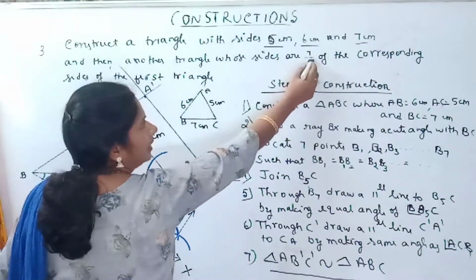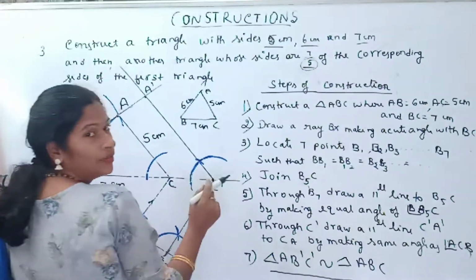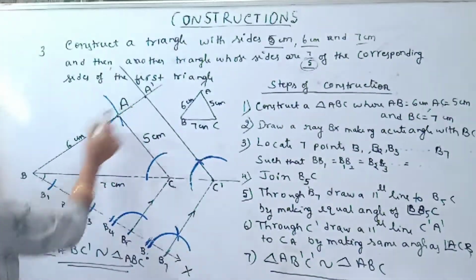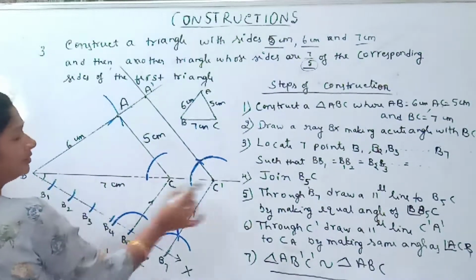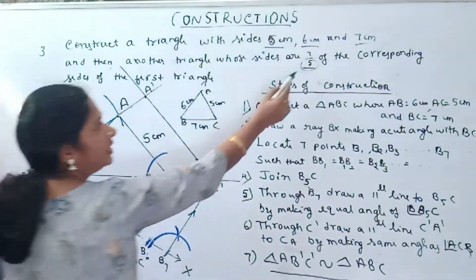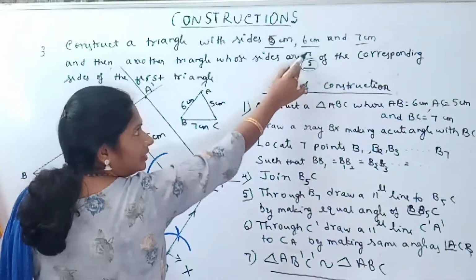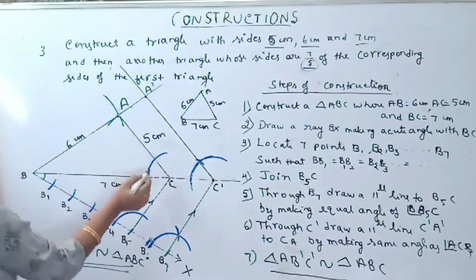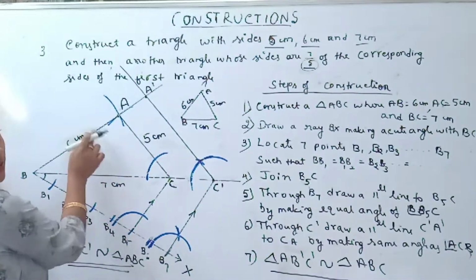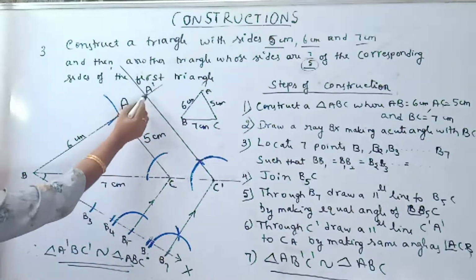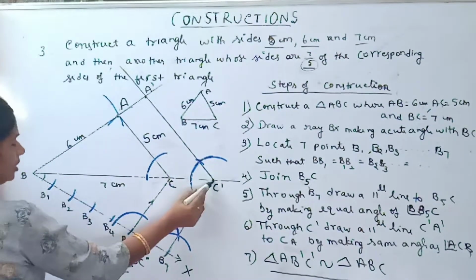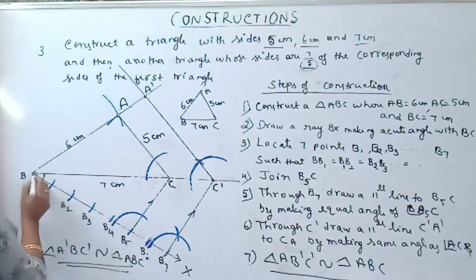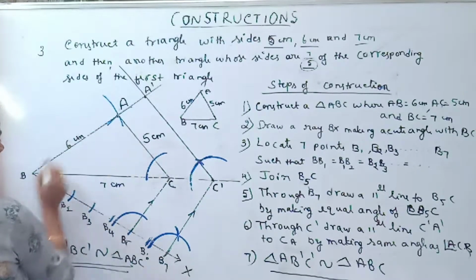Here denominator is lesser than the numerator, so you will get similar triangle outside the triangle. If the denominator is greater than the numerator, then you will get similar triangle inside the given triangle. Now here triangle A dash B C dash is similar to given triangle ABC.